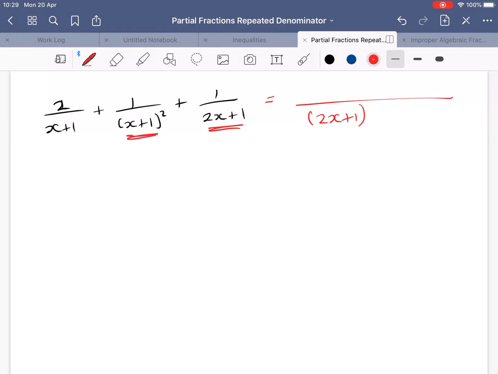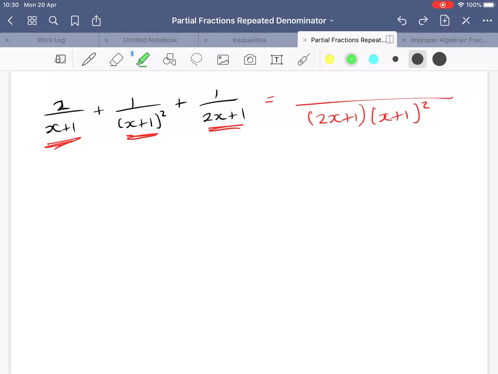It's got to have an x plus 1 squared, because we've got that in the second fraction. But actually, if we think about now the first fraction, we've already got this factor of x plus 1, because this factor of x plus 1 is in here. So our lowest common denominator is actually 2x plus 1 times x plus 1 squared.